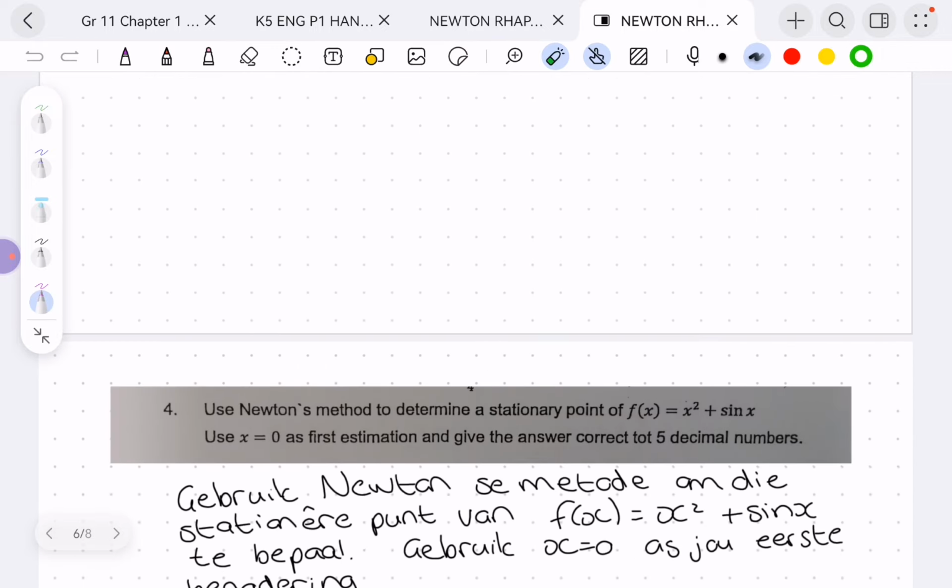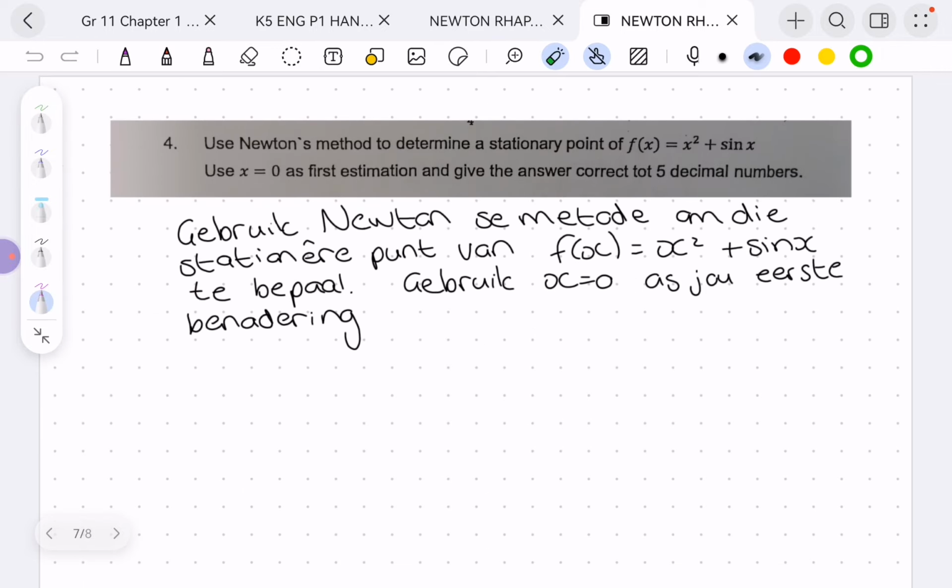Let's look at the example. They say use Newton's method to determine a stationary point of this function. They tell you to use x equal to 0 as the first estimation.